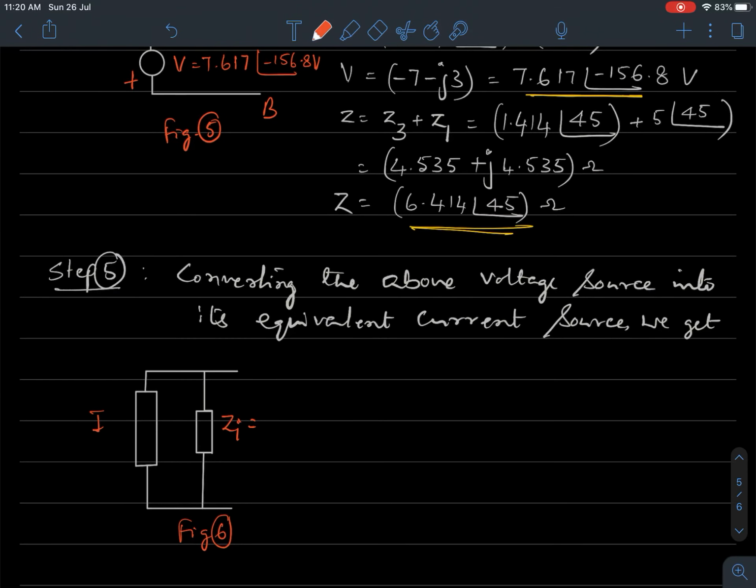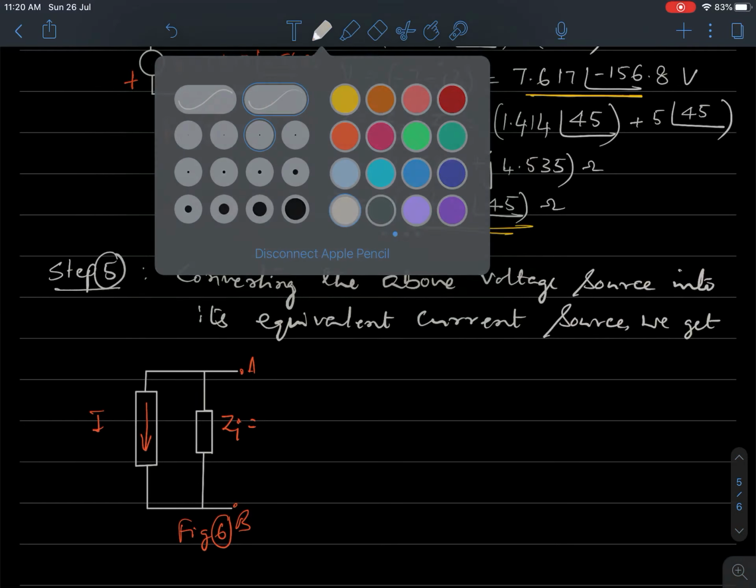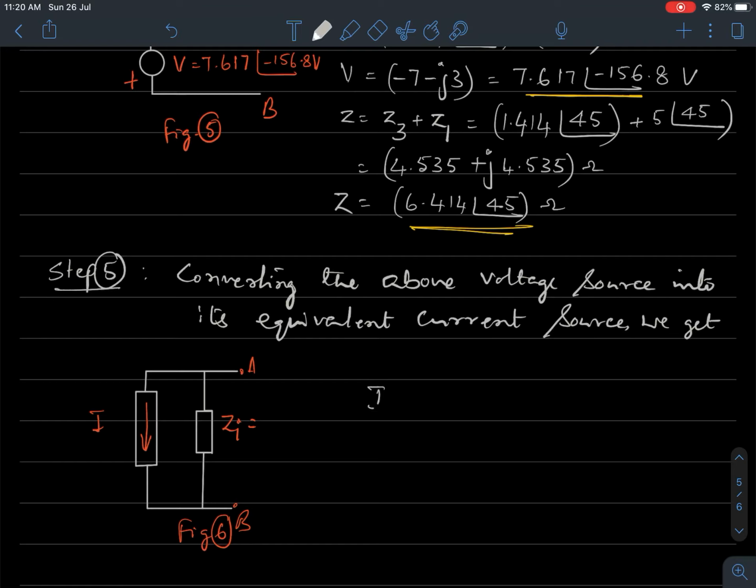Okay. So if you look at figure 5, the lower end of the voltage source is positive. That means my current source should have an arrowhead which is pointing downwards. This is my A, this is my B. Now I have to compute the values. How do I do that? Now simple.